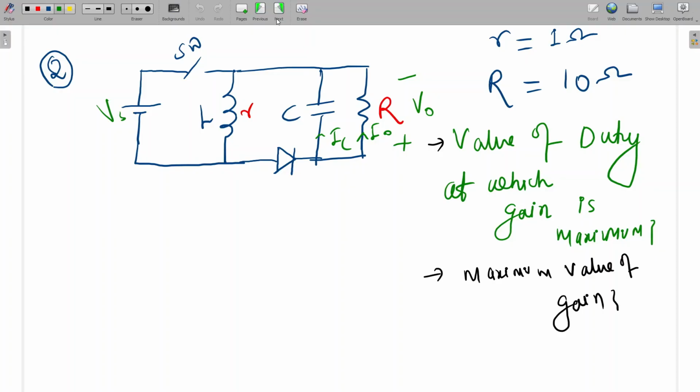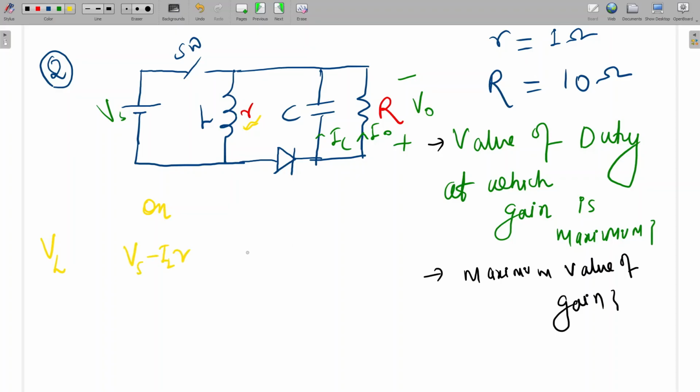So see, here also some practical resistance is given. The practical resistance is small r and this is the load resistance. Here also I'm going to write the VL equation. For on time, VL will be Vs minus IL into r.